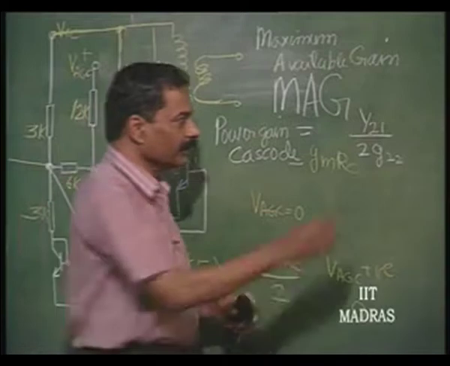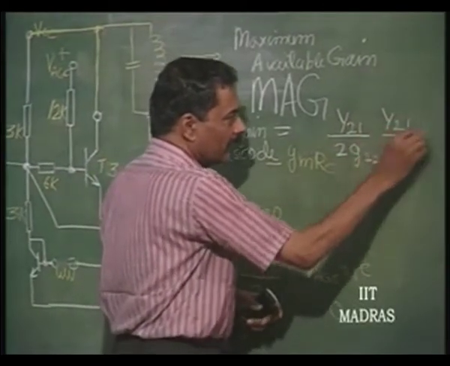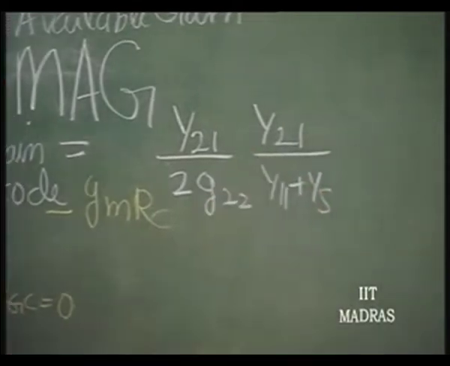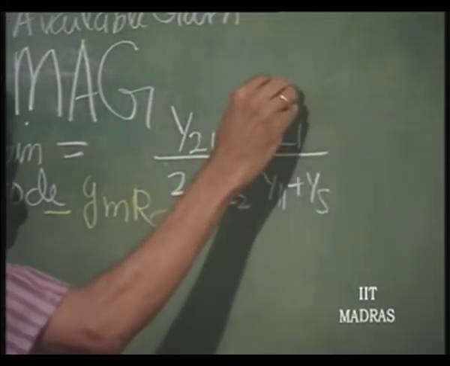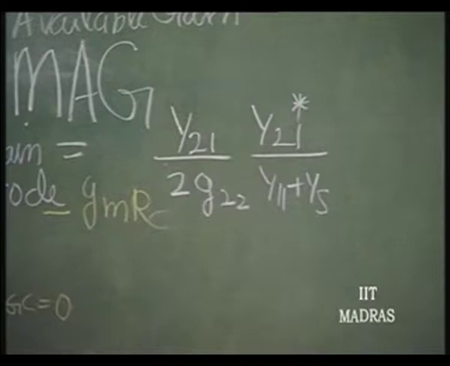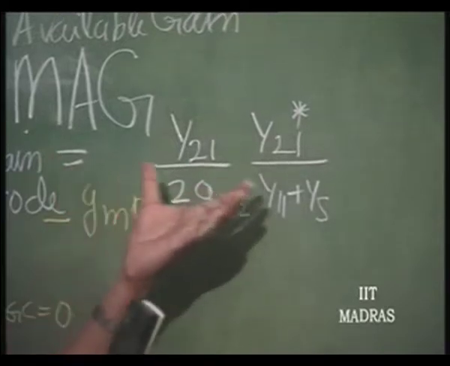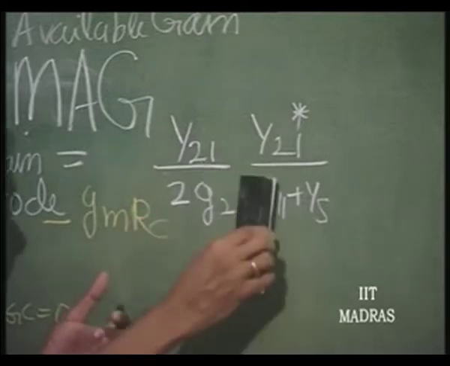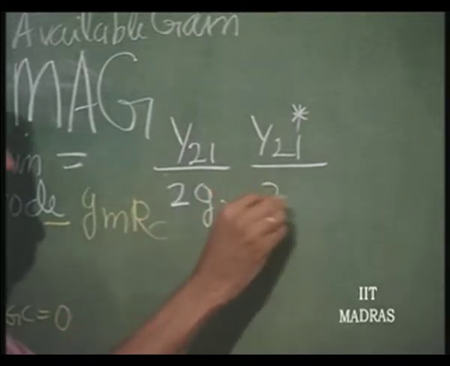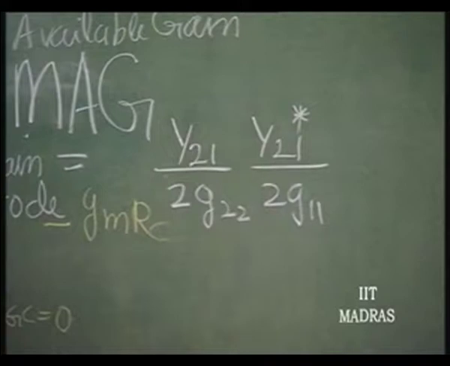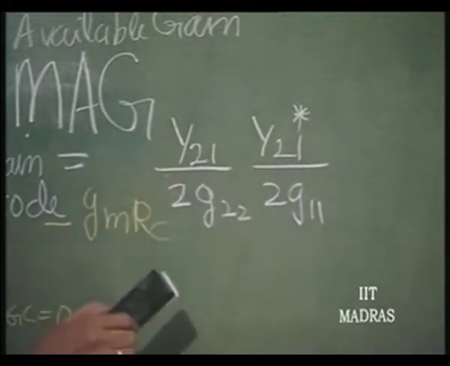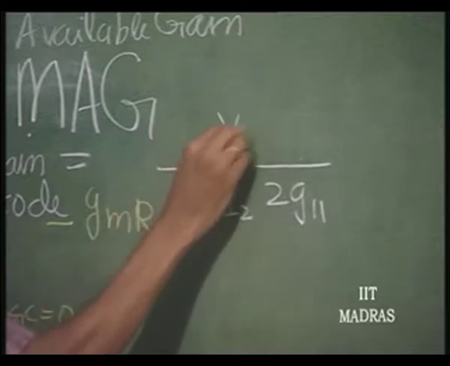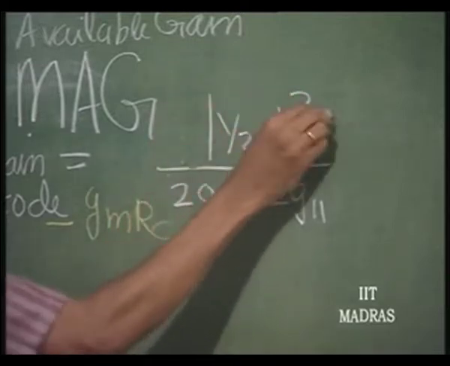So, if you take the ratio of this, it is y21 divided by y11 plus ys, and the conjugate of this, right, current gain into voltage gain conjugate. This part is 2G11, and y21 conjugate is really speaking defined as y21 magnitude square.